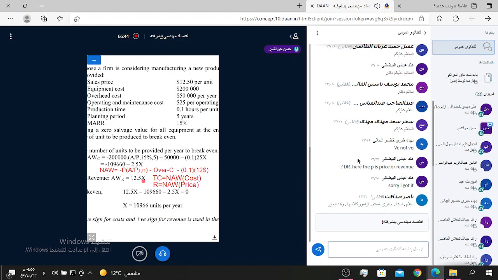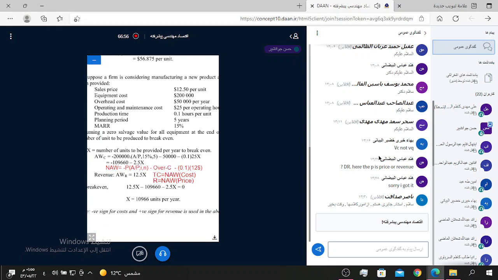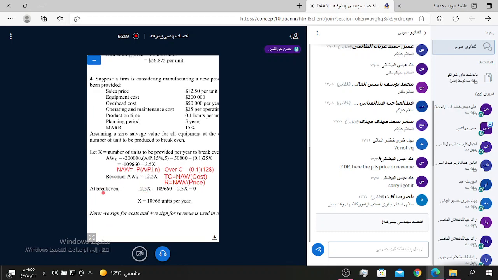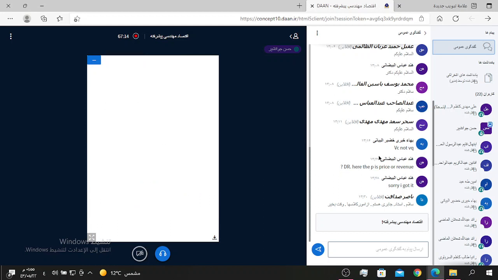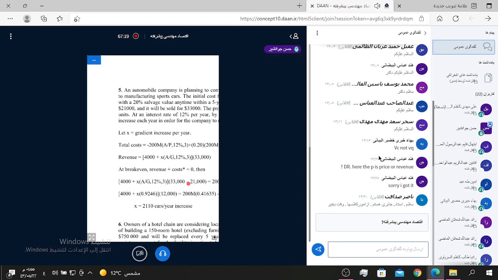We find total cost and revenues with X at the break-even point. At the break-even, TC is equal to R, and you can find X, or the quantity, at break-even. For example 5.